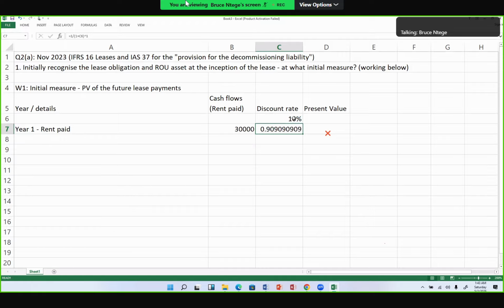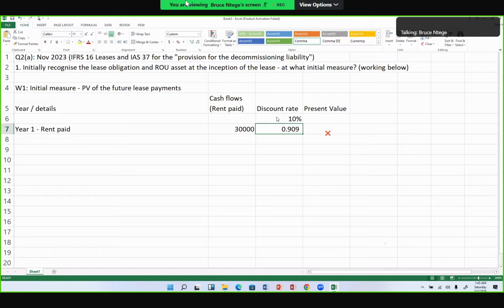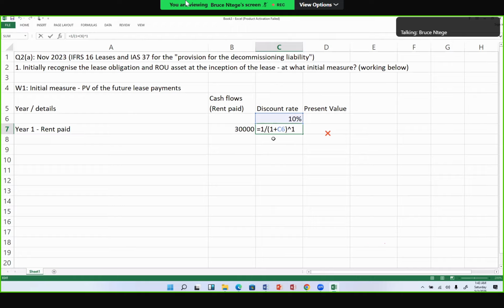For you, you'd have used your calculator. I'm taking advantage of using my Excel. You'd be saying 1 over 1 plus 10%, then to power n. N in this case, for year 1, will be 1.